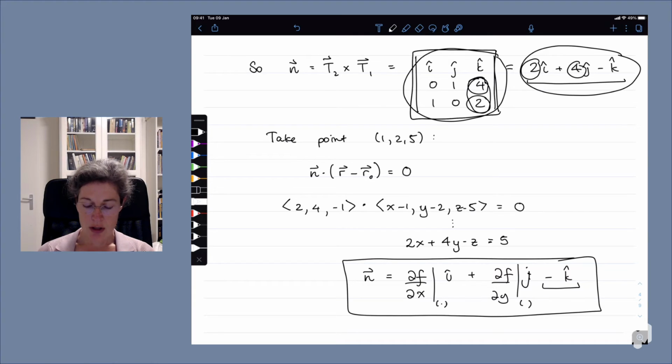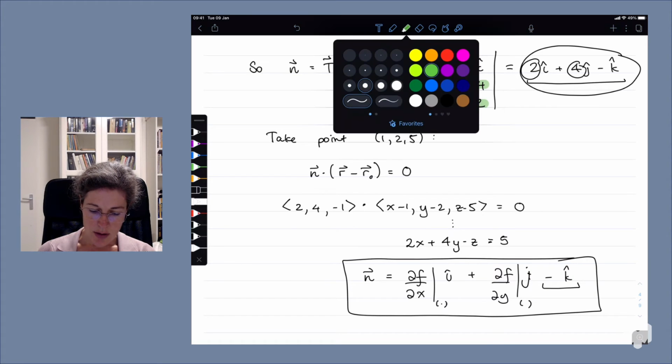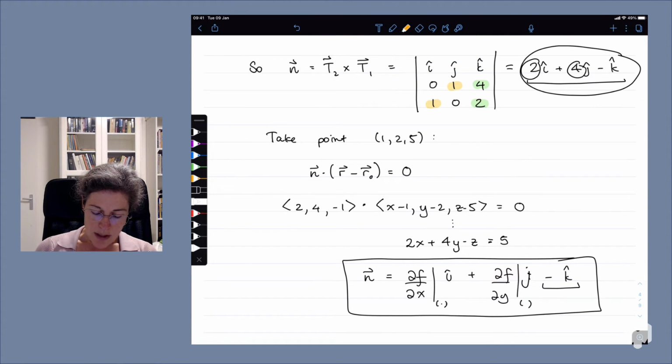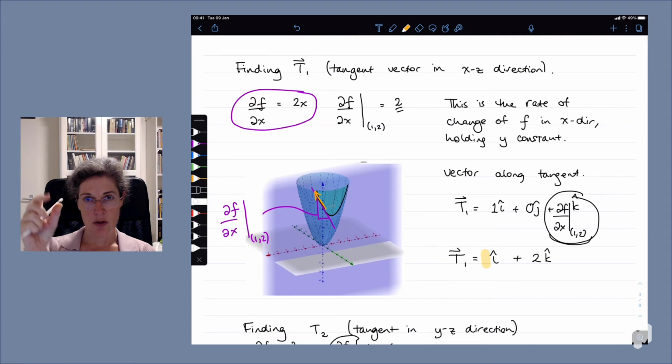If you have a look at this determinant, which I've now mangled horribly, let's try and clean this up a little bit. If you look at where all these numbers came from, the 4 and the 2 came from our partial derivatives, but these 1s just came from the fact of how we constructed our tangent vectors, which was just based on the fact that we were having a change of 1 unit in the x direction, which resulted in a df by dx change in the z direction.